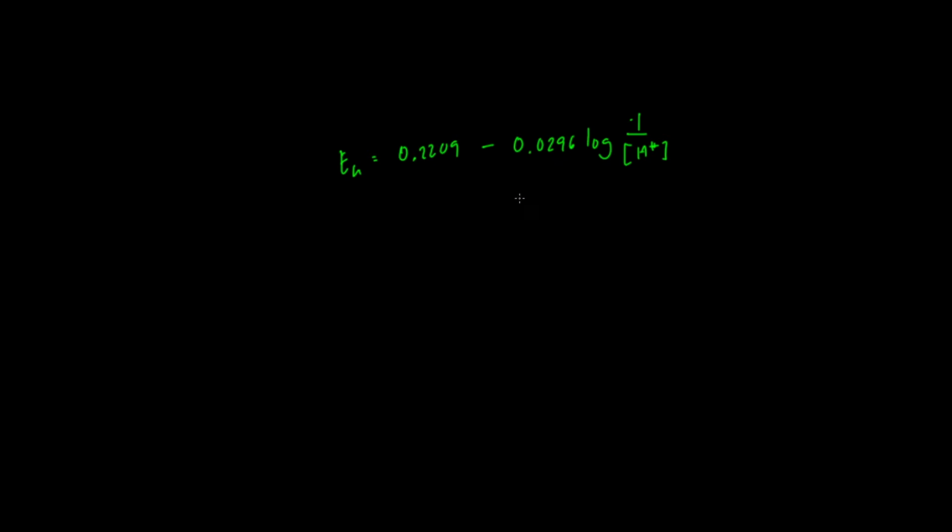Okay, so if we simplify this becomes 0.0296, and this is a log of H plus to the negative 1, therefore ito ay negative log ng H plus. Okay, and negative log ng H plus is equal to pH.